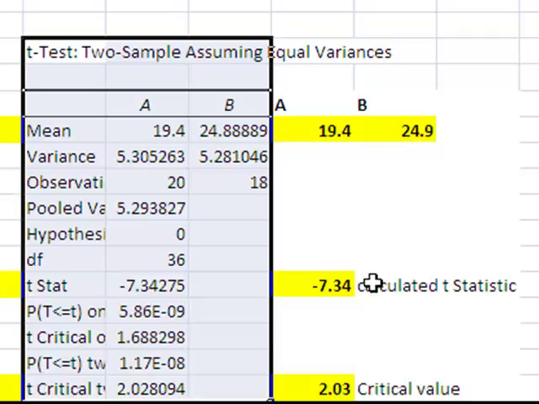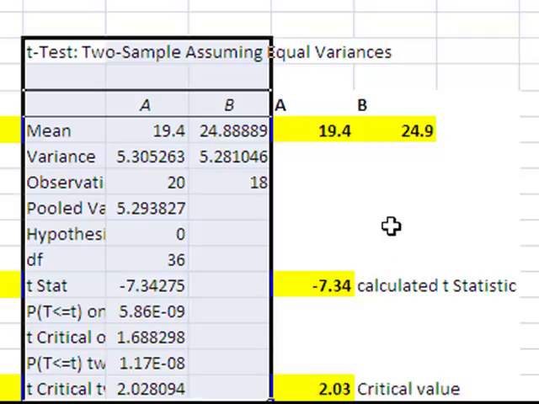So if I go down to my t-stat, I notice that it is negative 7.34, and my critical value is 2.03. Now remember, we don't pay any attention to the negative signs, we just simply consider the absolute values, and in this case 7.34 is greater than 2.03. Therefore we reject the null hypothesis that there is no difference.